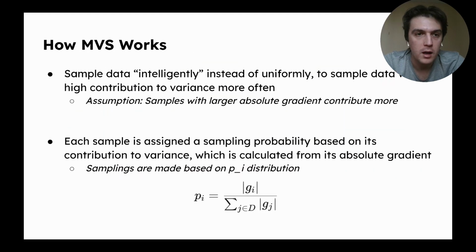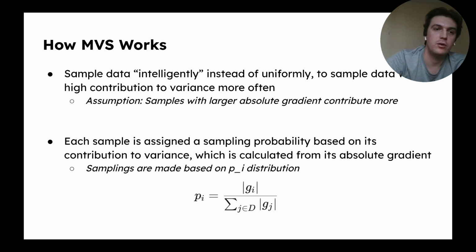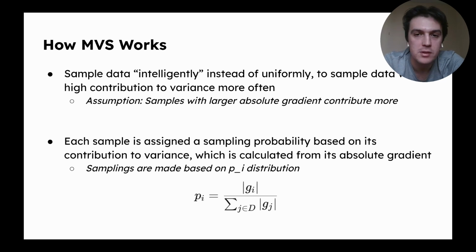So, how does minimum variance sampling work? Well, we want to sample the data intelligently instead of uniformly, to sample data with high contribution to variance more often. The assumption is that samples with larger absolute gradient contribute more to the overall variance of the model.